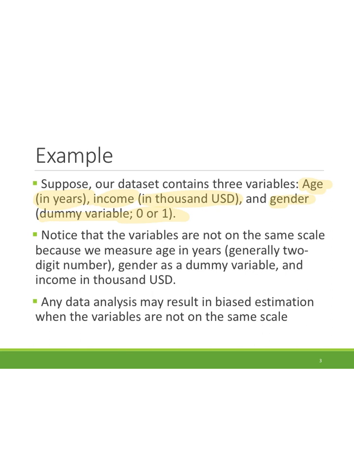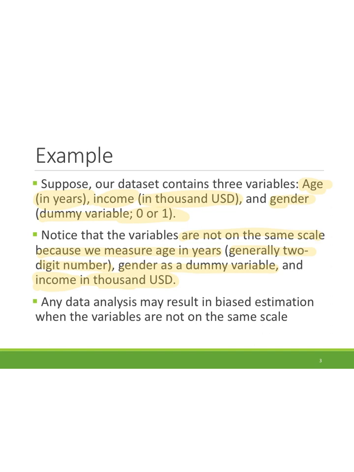Now notice that the variables are not on the same scale, because we measure age in years and generally it's a two-digit number. The gender, since it's a dummy variable, takes value either 0 or 1, so it's a one-digit number. And now consider the other variable we have, income, which is in terms of $1,000.